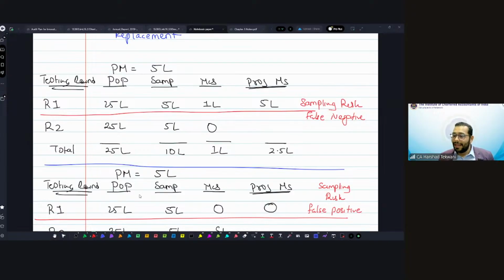So this is sampling risk, false positive and false negative. When you draw a conclusion on the basis of sample testing for the entire population, your conclusion could be wrong. And that is the sampling risk. False positive, false negative.